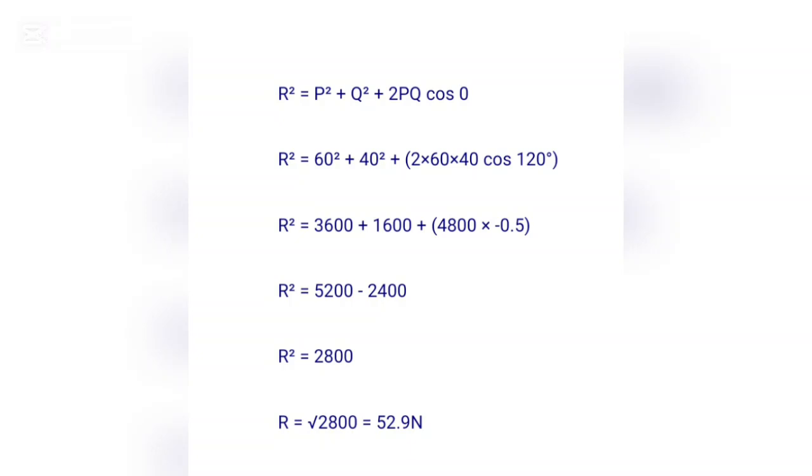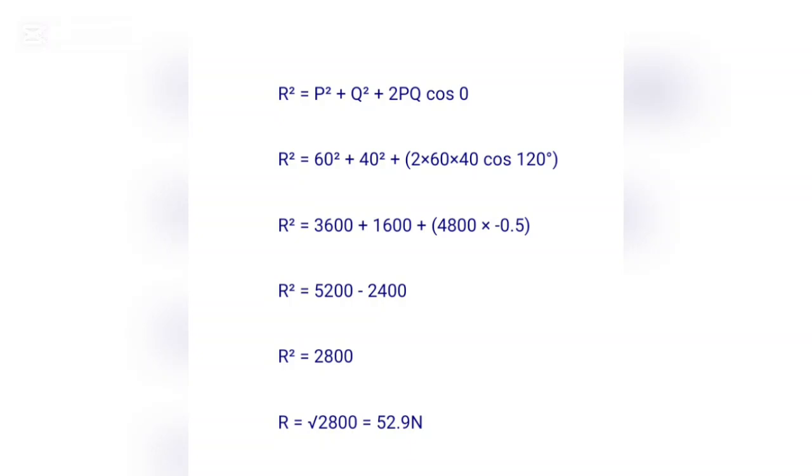60 square will give us 3,600, 40 square will give us 1,600, and 2 times 60 times 40 will give us 4,800. Cos 120 will give us minus 0.5. So by the time we add 3,600 and 1,600, we will get 5,200.